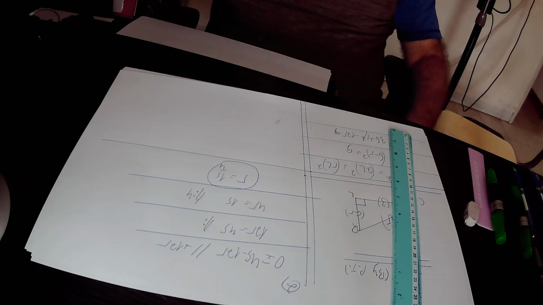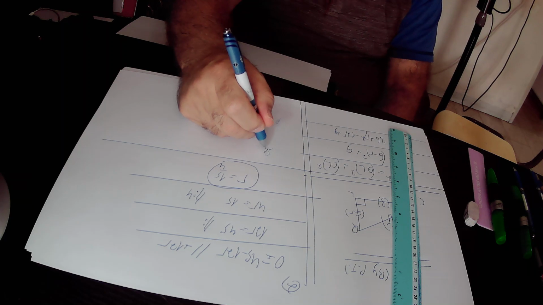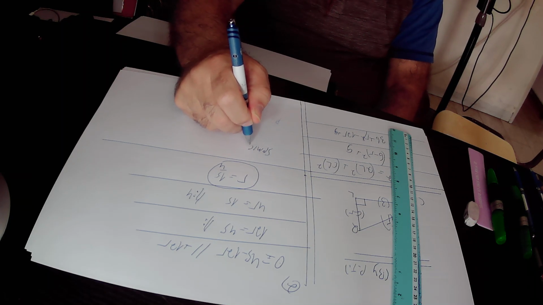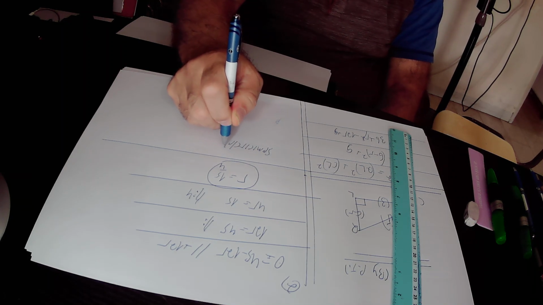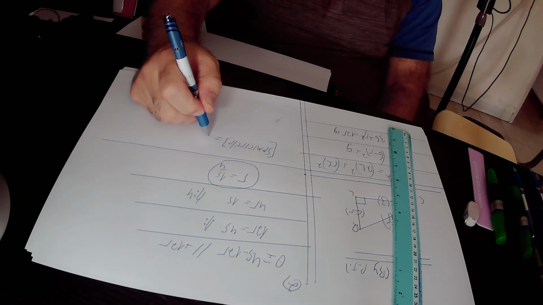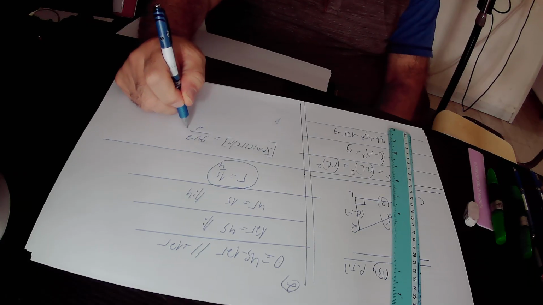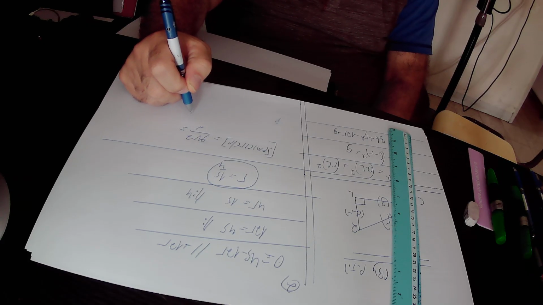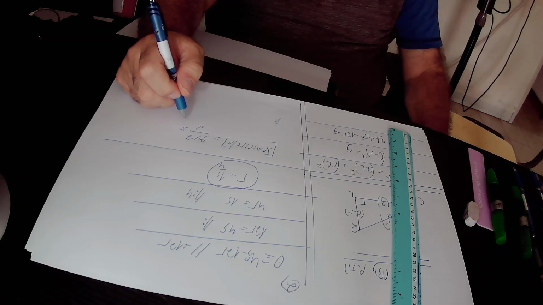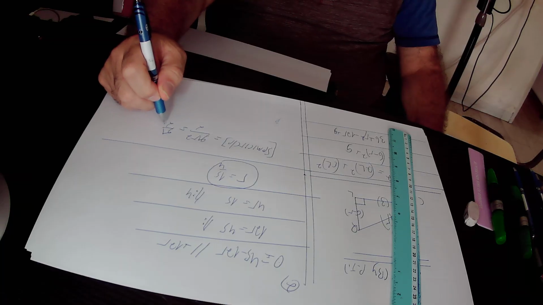Actually, we know that the area of any semicircle is equal to half the area of the circle, that is pi R squared over 2. So the area of our semicircle must be equal to pi over 2 times R squared.